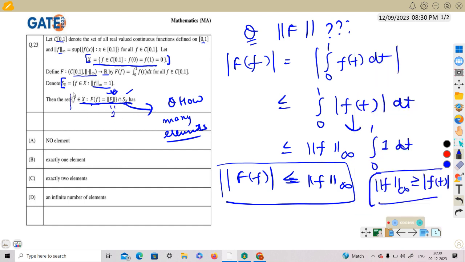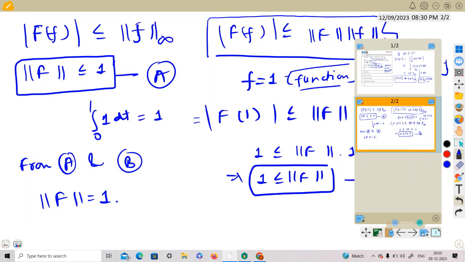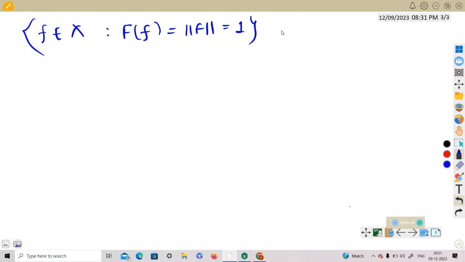So let me write this whole set again. The set was f belonging to X such that F(f) is equal to the norm of F, which is equal to 1, intersection S_X.